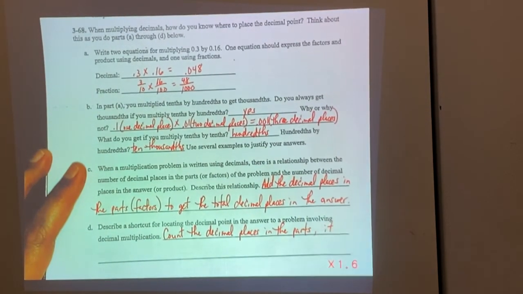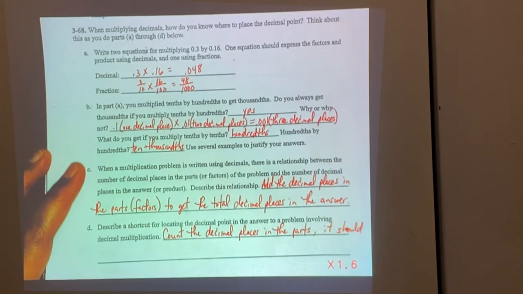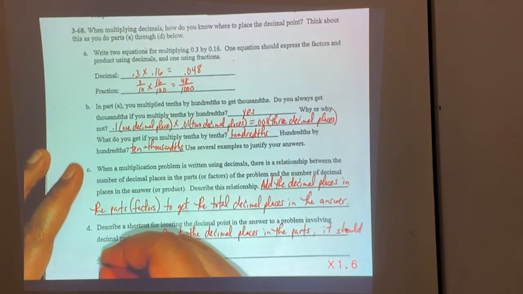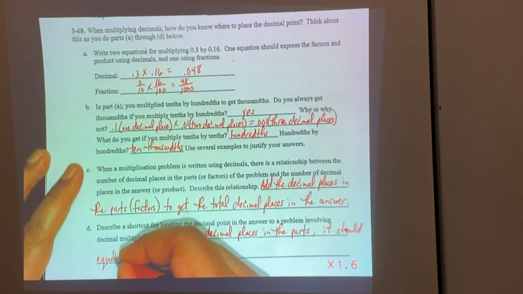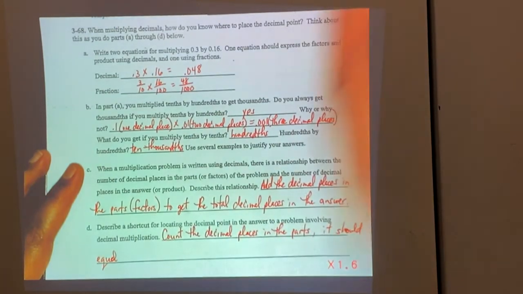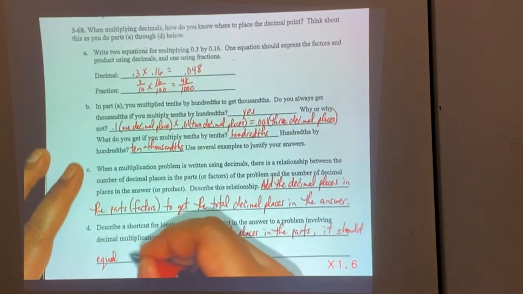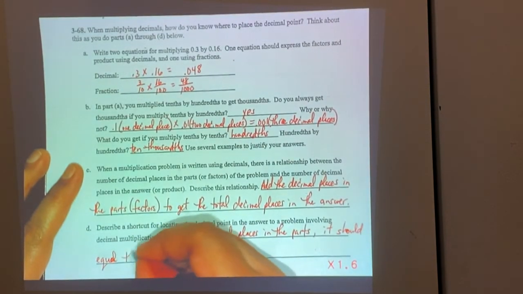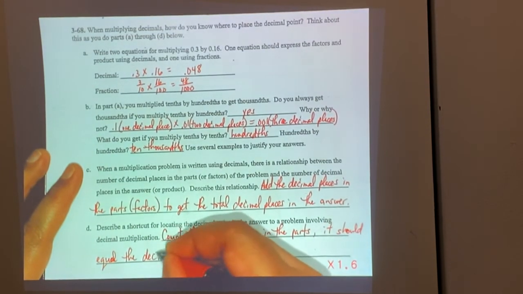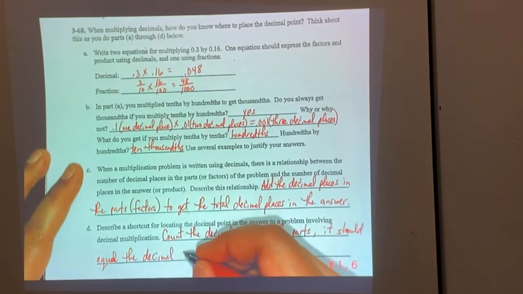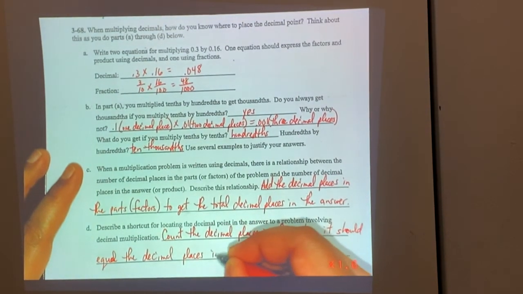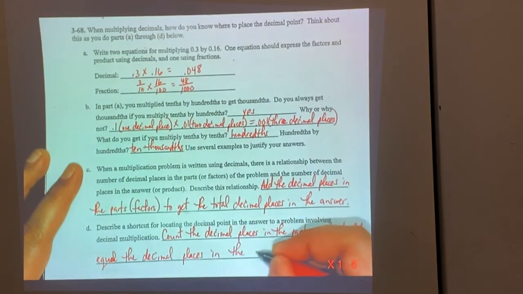It should equal the decimal places in the answer.